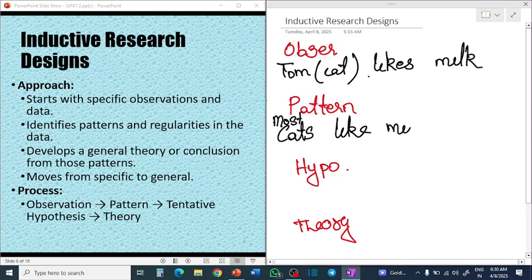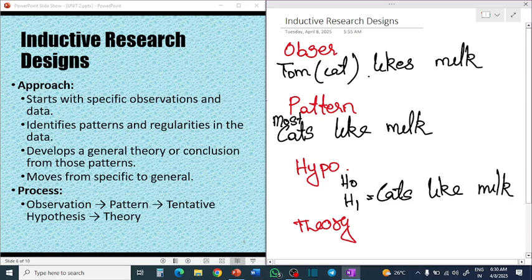So from this you can develop a hypothesis that cats like milk, and at the same time a null hypothesis will be developed that cats don't like milk.